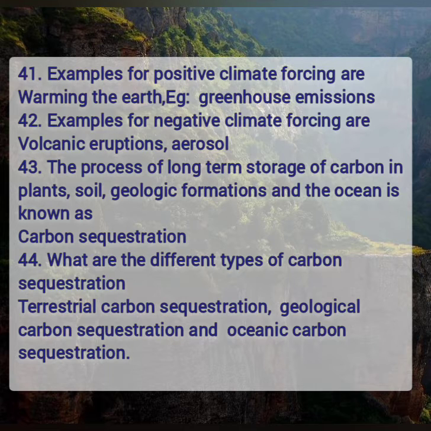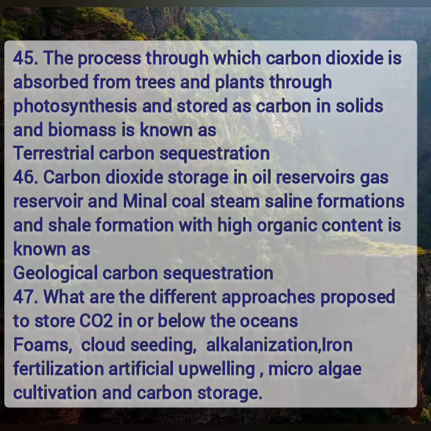What are the different types of carbon sequestration? Terrestrial carbon sequestration, geological carbon sequestration and oceanic carbon sequestration. The process through which carbon dioxide is absorbed by trees and plants through photosynthesis and stored as carbon in soils and biomass is known as terrestrial carbon sequestration.